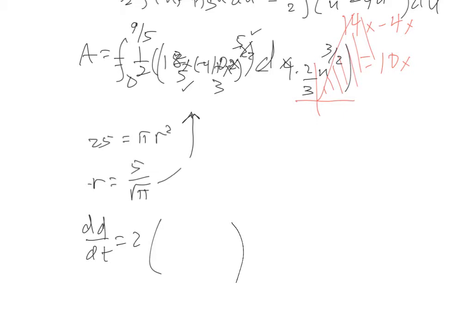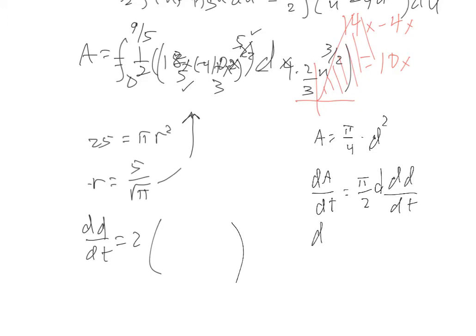If I remember right, we were able to write the area as pi over 4 times d squared. And then dA dt is pi over 2. Bring the 2 down. Turn the 4 into a 2. d dd dt. This looks like a better way to solve it. And so I missed a d there. 2d dd dt.